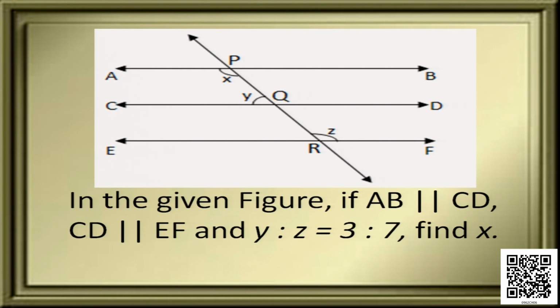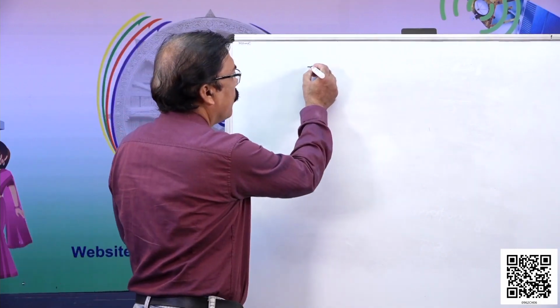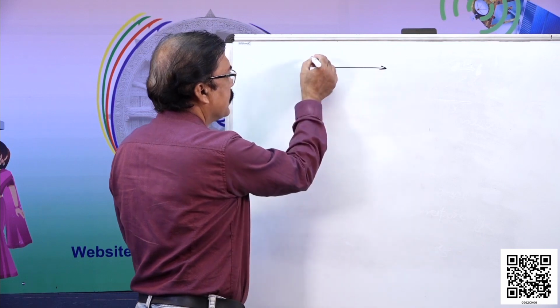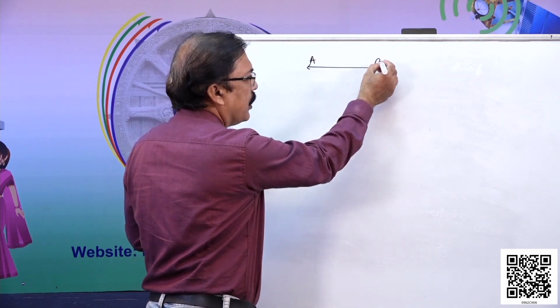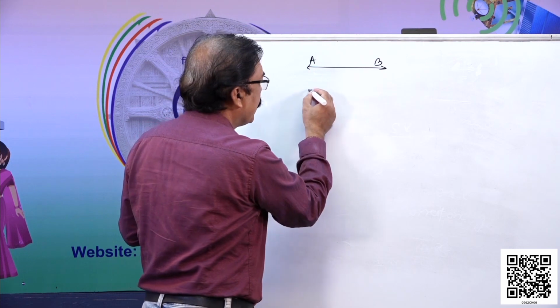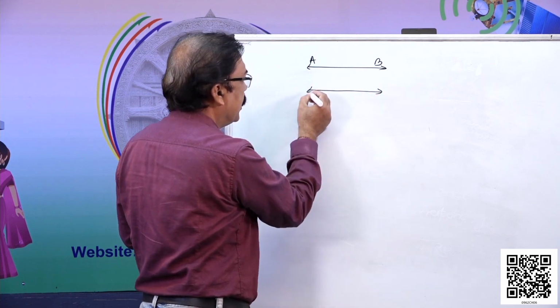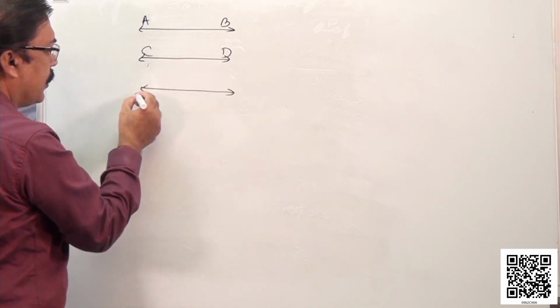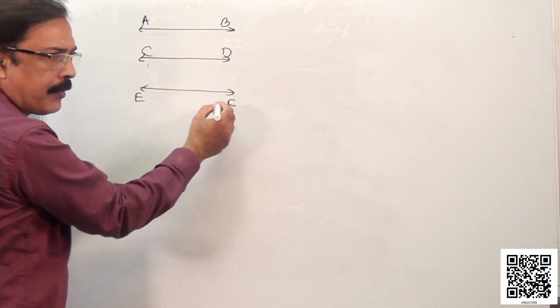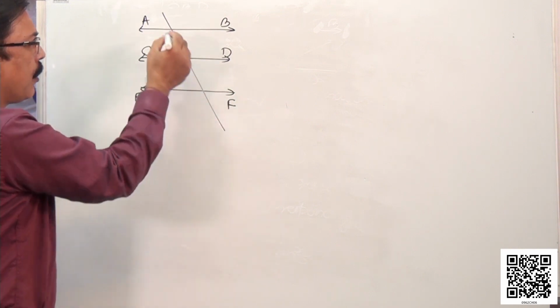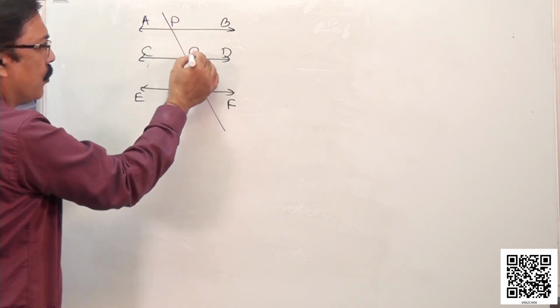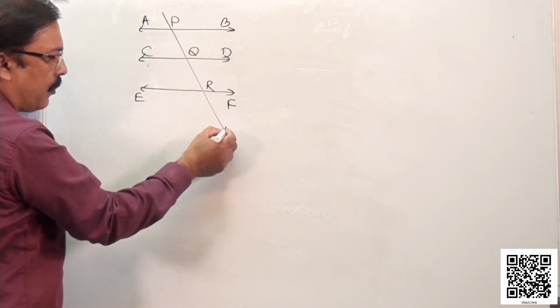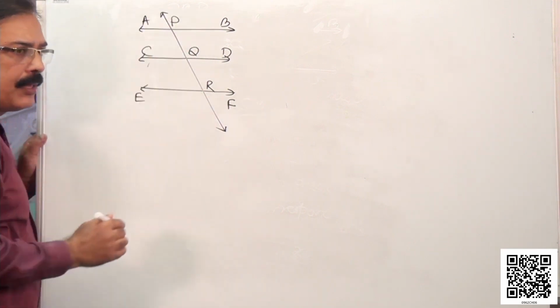Now, let us have a look at this board. Here it is AB, CD and EF, where P, Q, R are the points of intersection.